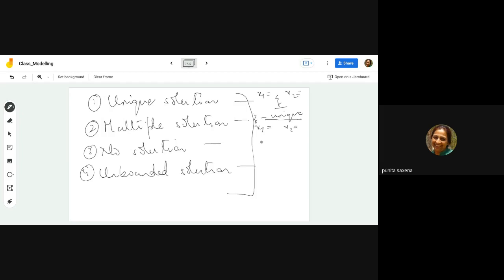No solution means a solution does not exist. There is no value of x1 and no value of x2 that satisfies all your constraints simultaneously. So that becomes the case of no solution. Similarly, unbounded solution means the value of z increases indefinitely, as x1 and x2 increase. So that becomes the case of unbounded solution. So these are the 4 things.